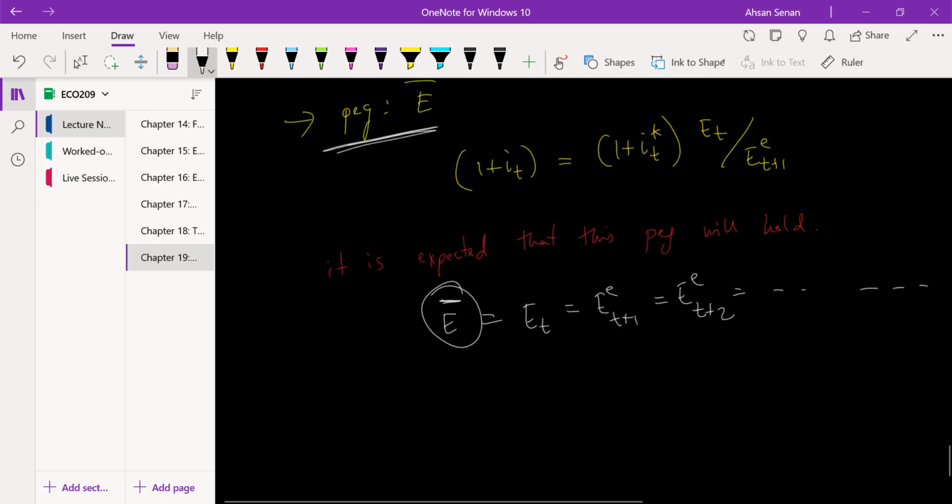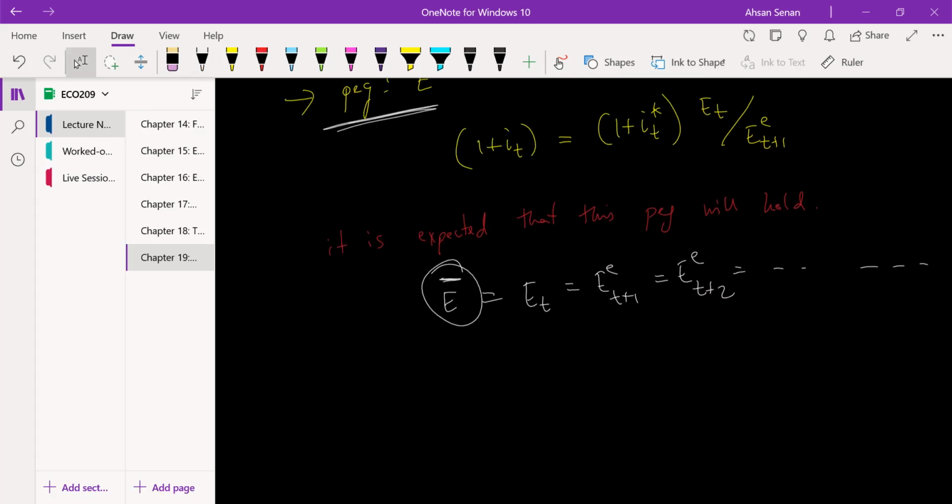It's fixed at one level. If that's the case, what happens to this equation? We have 1 plus i_t equals 1 plus i_t star times E_t, which is the pegged amount, over E_{t+1}^e, which is also the pegged amount.